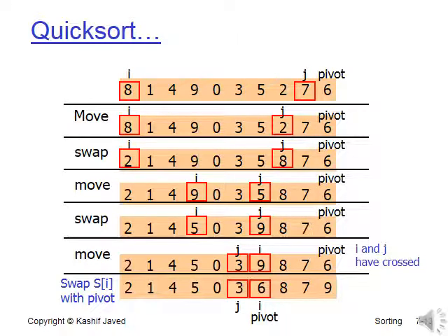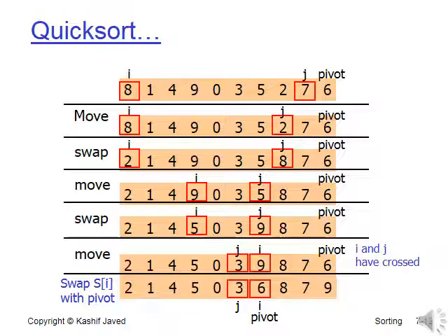Index i will increment to element 0. Since it's less than 6, it will again increment to element 3, which is less than 6. It will again increment to element 9. Since it's larger than 6, it will be grabbed for swapping. Index j will increment to element 3.